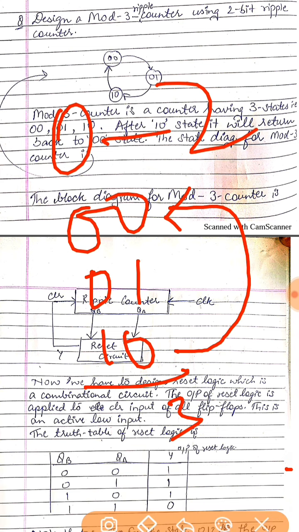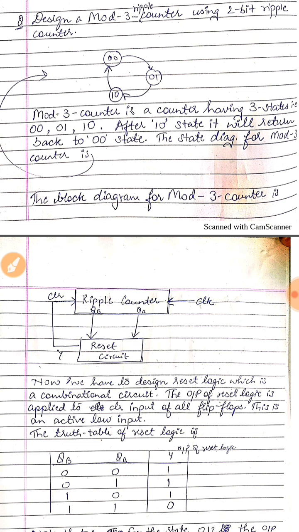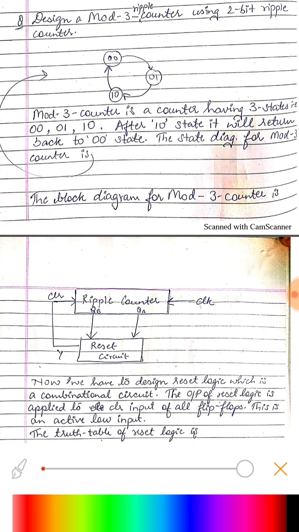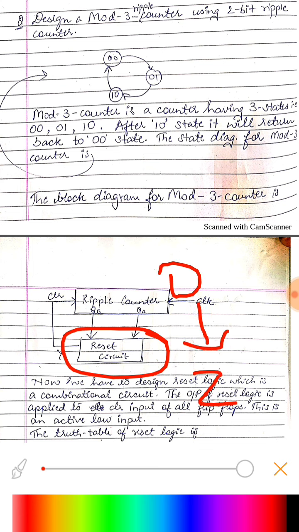Again we need a combinational circuit, some reset circuit which can reset our counter after the required count. In this case, if it reaches 2, then I need to reset the circuit and go back to 0 again. So for that I need again a combinational circuit.